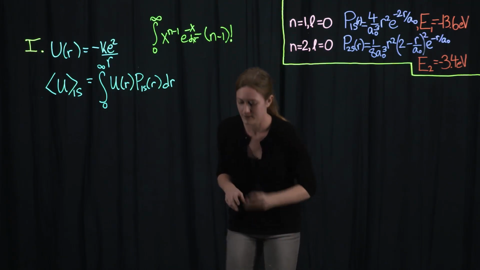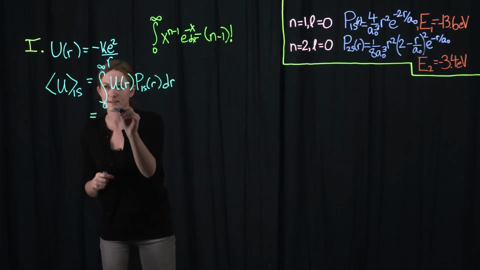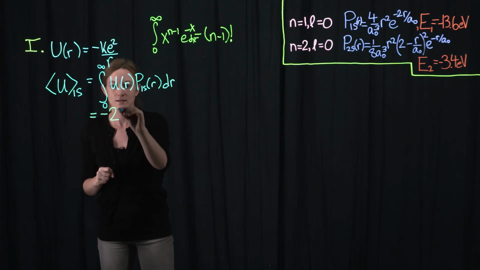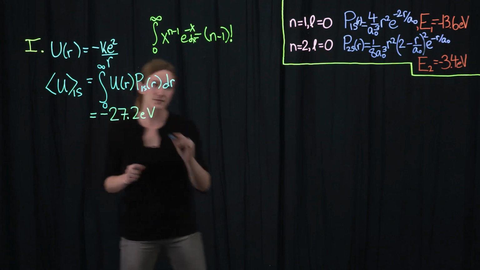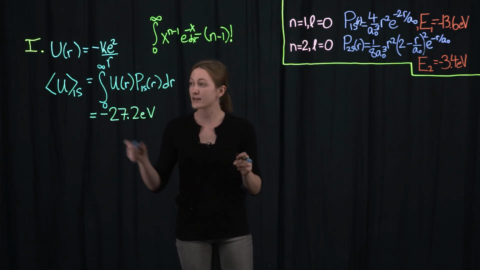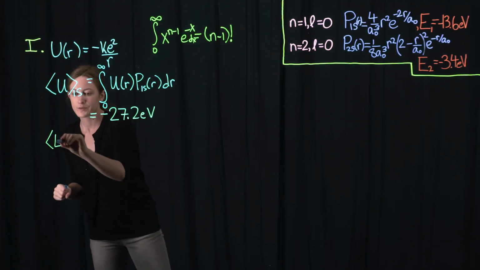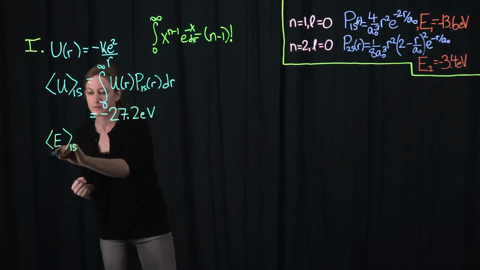Okay, so doing the integral, what we would find is that the average potential energy is minus 27.2 eV. Now, we can get the average kinetic energy just by relating it to the total energy, the average total energy in the 1s state.